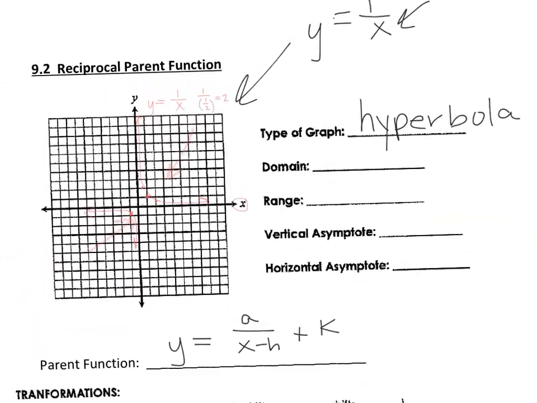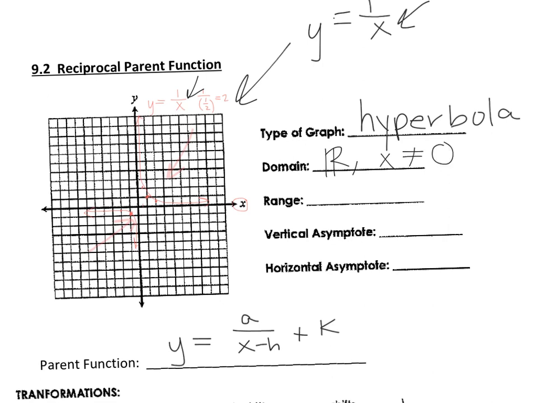The domain is going to be, you can plug in everything for x, except you can't plug in 0 for x, because you'd be dividing by 0. So it's going to be all real numbers except x can't be equal to 0. You can also write that in interval notation.